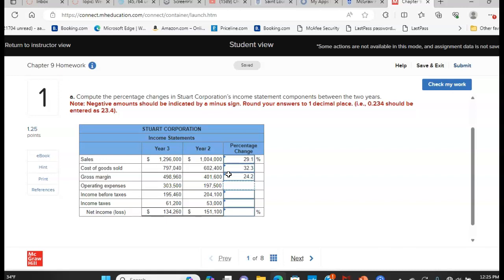For the operating expenses, you're taking 303,500 minus 197,500, a difference of $106,000. Take the $106,000, divide that by the base year, year 2, of 197,500.